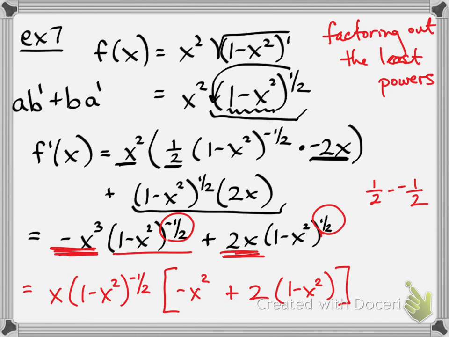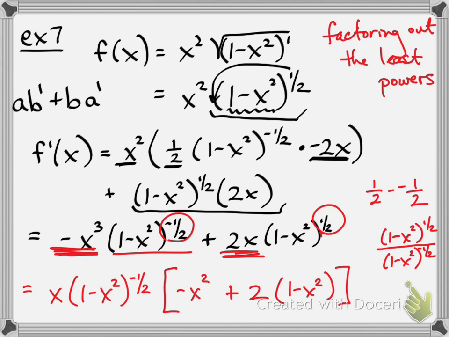So again, factoring is like dividing. We divided it out. So 1/2 minus that negative 1/2, because when we divide like bases, we subtract exponents, would be 2/2 or just 1.